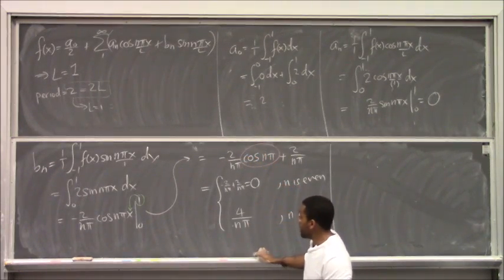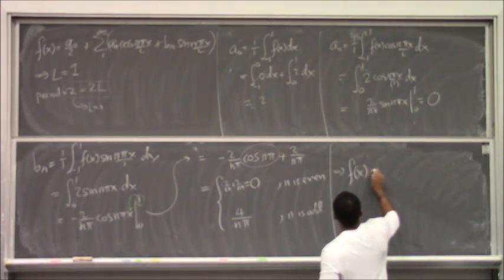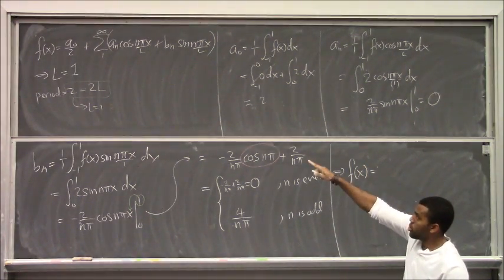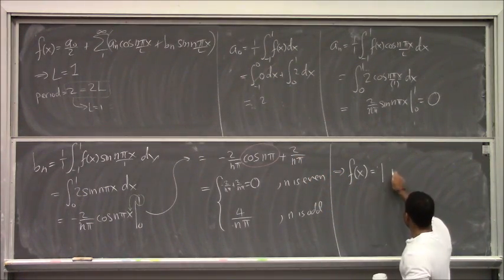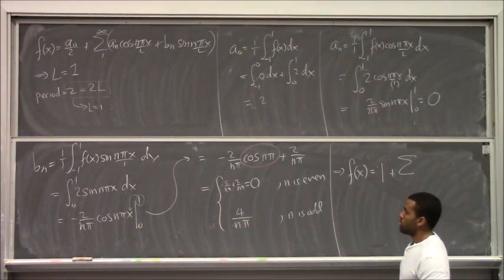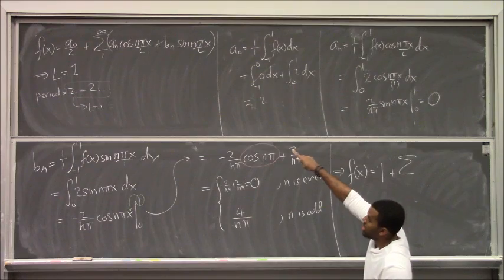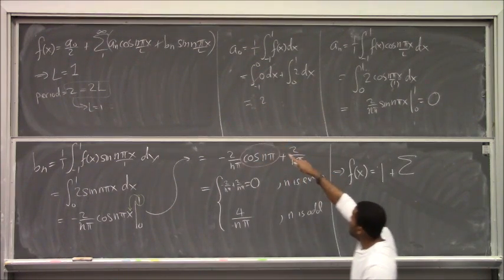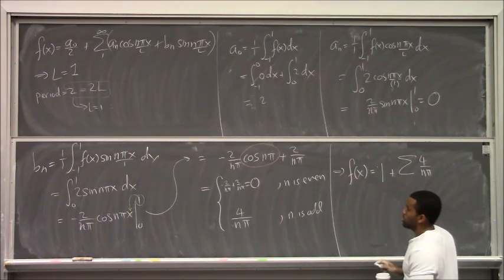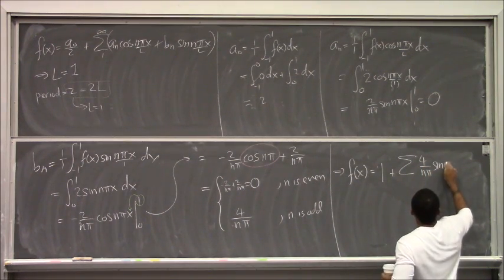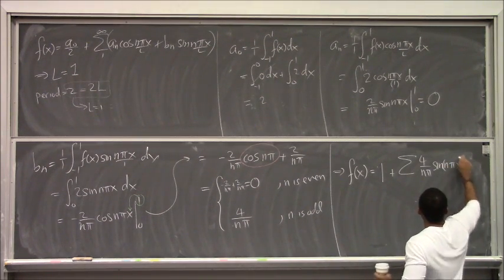So what you notice is that if we represent this function as a Fourier series, it will be a0 over 2. Our a0 was 2, so that's just 1 here. Plus a series of the an's, they're all zeros once n is not 1, so there's no cosine part. And then the bn is going to look like 4 over n pi times sine of n pi x.